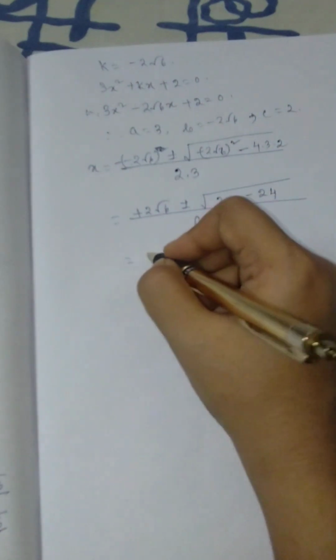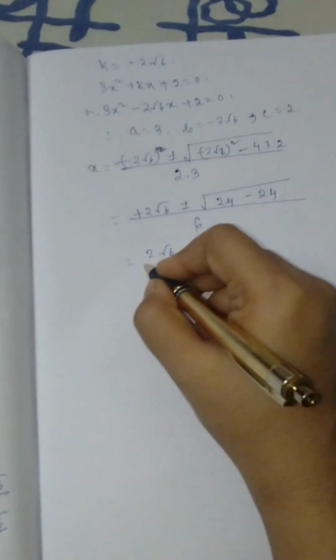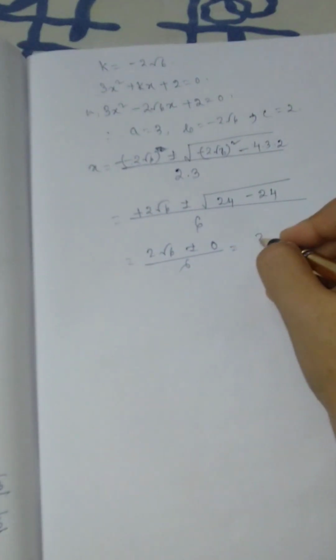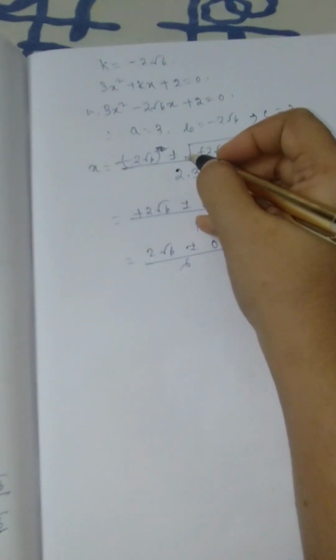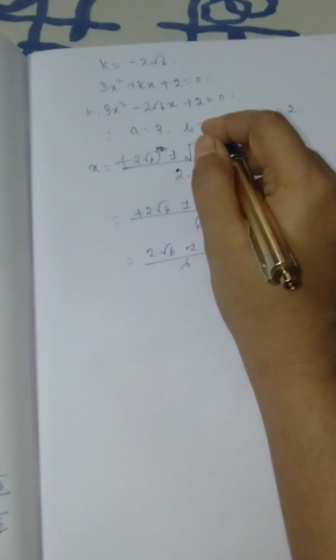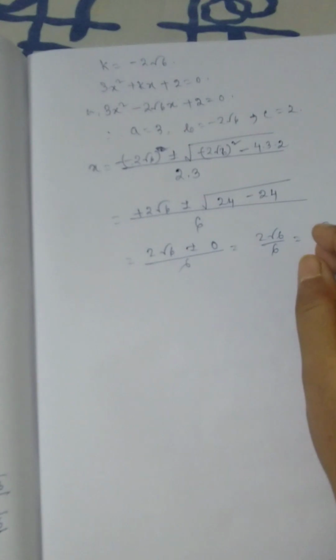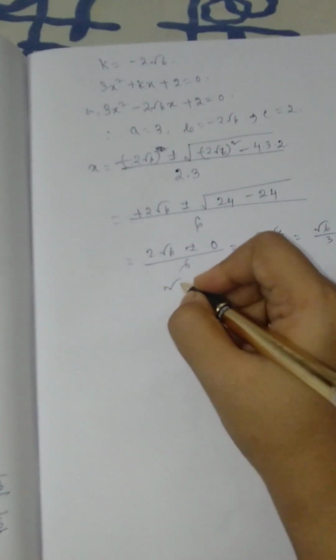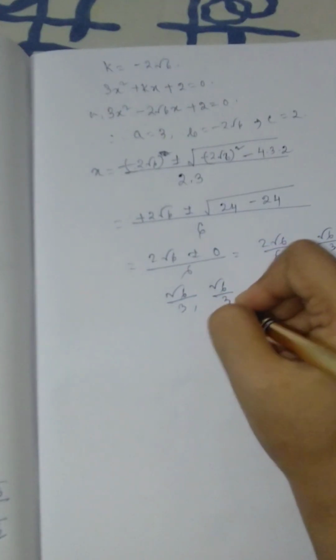So 2 root 6 plus minus 0 by 6, that is 2 root 6 by 6, that is root 6 by 3. As in this case also, the two roots are the same, as the discriminant is 0. So in both cases equal roots will be there. So the roots will be root 6 by 3 and root 6 by 3.